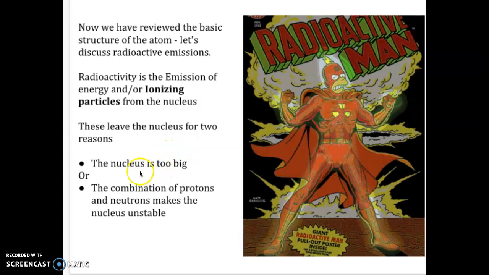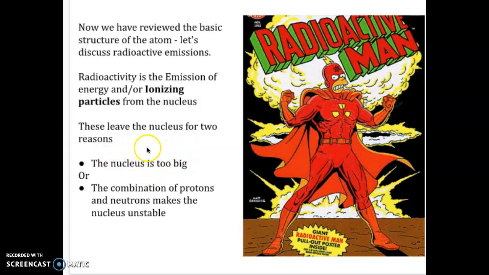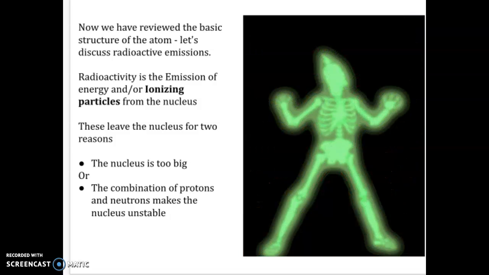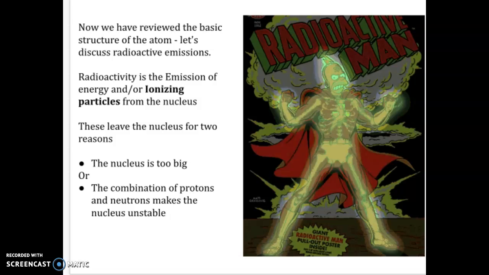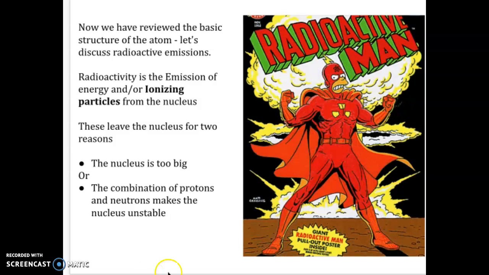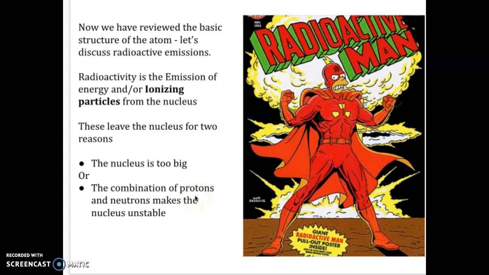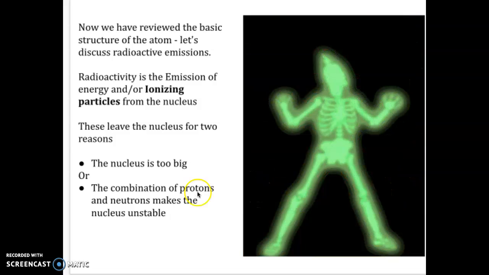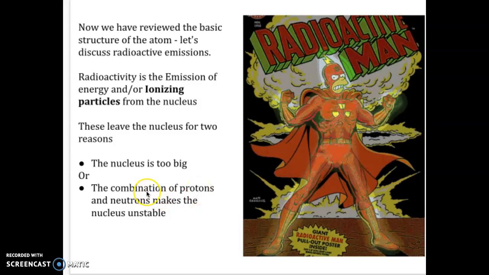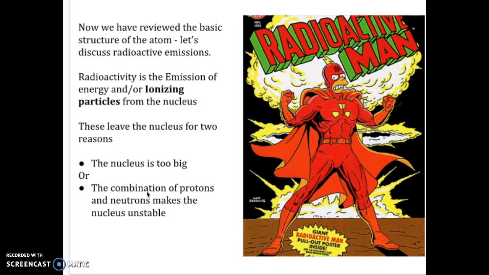Well, the source of instability could be that the nucleus is simply too big. If we think of huge atoms like plutonium or certain isotopes of uranium, these nuclei are enormous, and that makes them unstable. The second reason why an atom might be unstable is not because of its sheer size, but because of the combination of protons and neutrons.